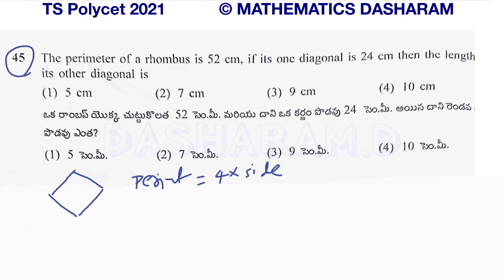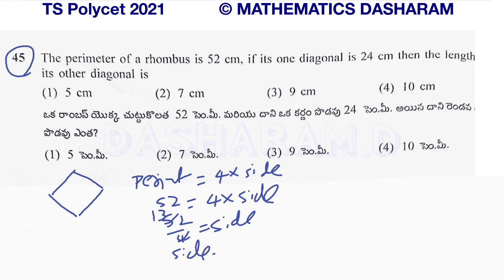So 4 into side, the perimeter value given is 52. So 52 by 4 equals the side. Then the side of the rhombus equals 13 centimeters.